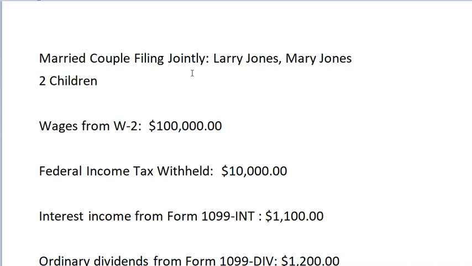So here we have a couple, Larry Jones and Mary Jones. They will be filing as a couple filing jointly, and they have 2 children. By the end of the year 2024, they expect their wages together would be about $100,000. They believe that they will have federal income tax withheld around $10,000.